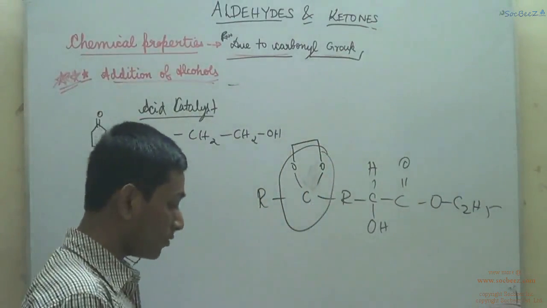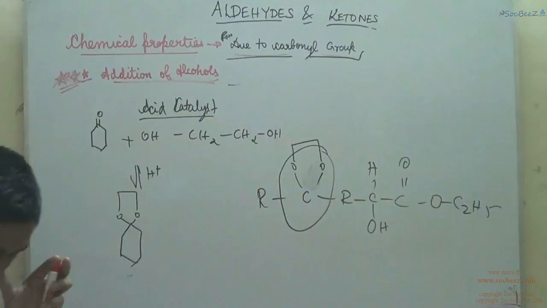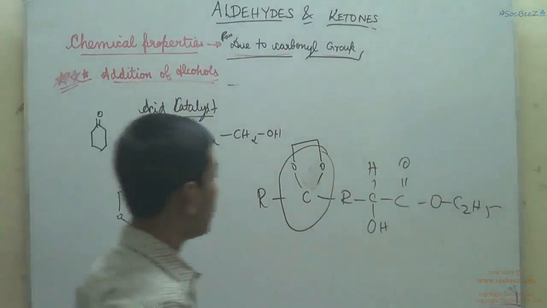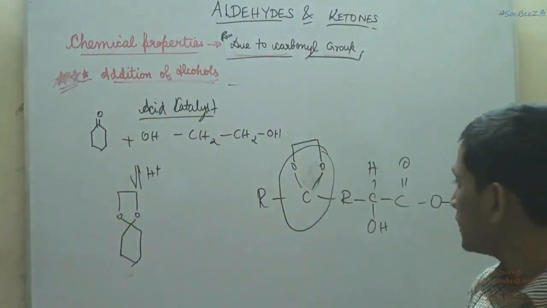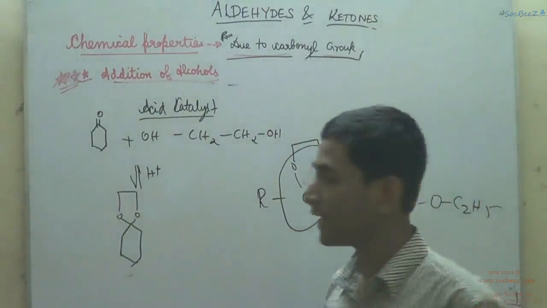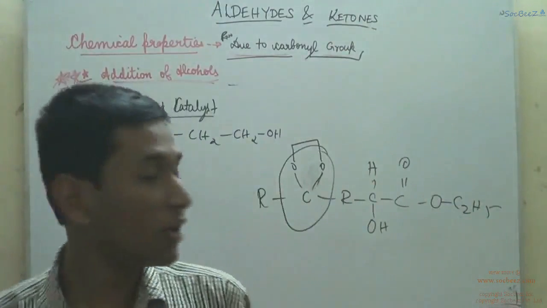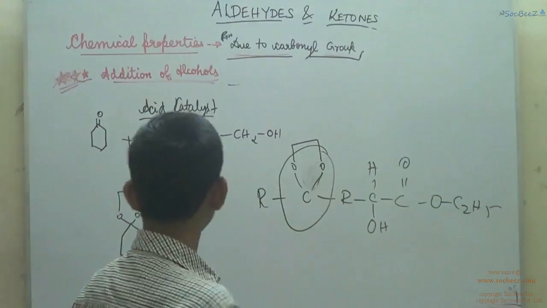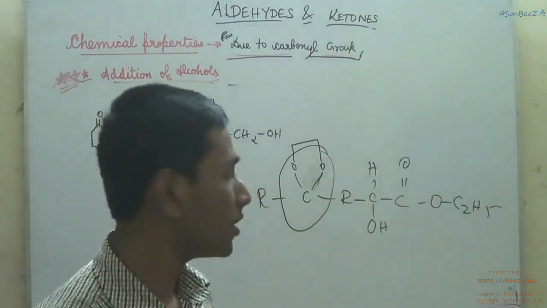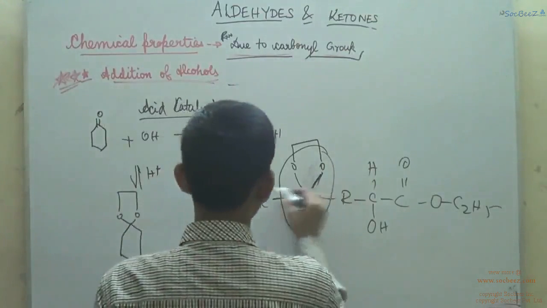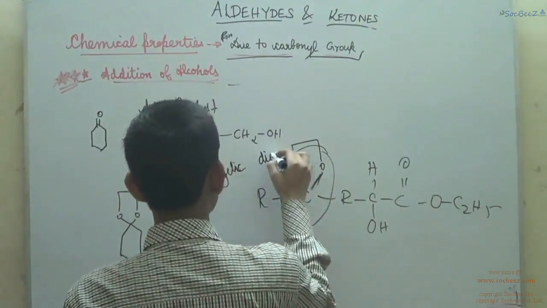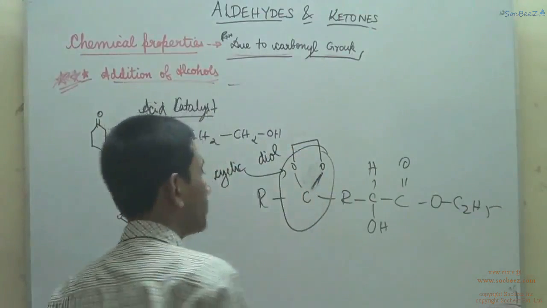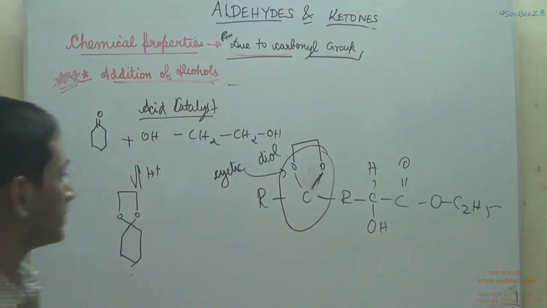Generally you prefer diols because you form a cyclic ketal or cyclic acetal. That's more helpful. If you use a monoalcohol, maybe not so stable. Generally cyclic diols are used, so diols are used to form these cyclic kinds of ketals or acetals.